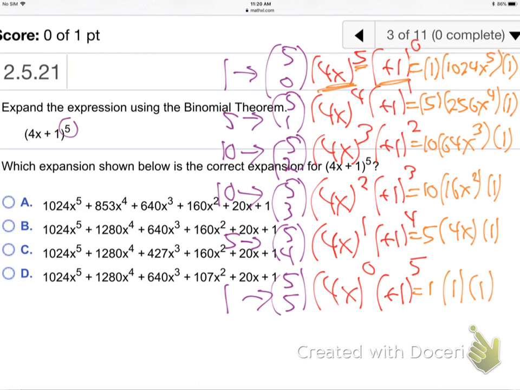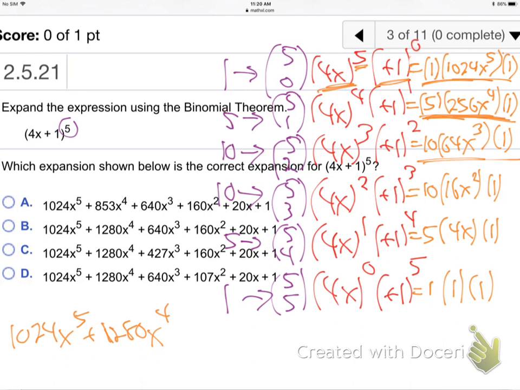So what's all that? What's this first one here? Just 1024 x to the 5th. What's 5 times 256? 780? No, I'm way off. 1280, thanks. Everybody see how I'm coming up with these numbers? I'm asking you what they are. I'm just getting them right there, right? So it's 5 times 256, and then 10 times 64.